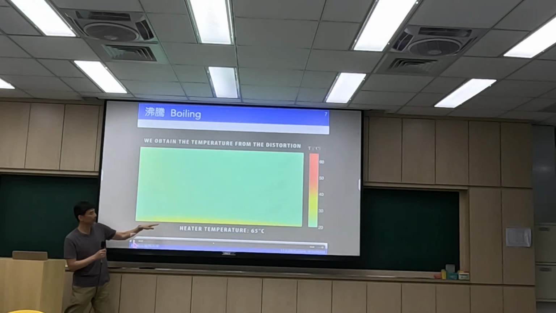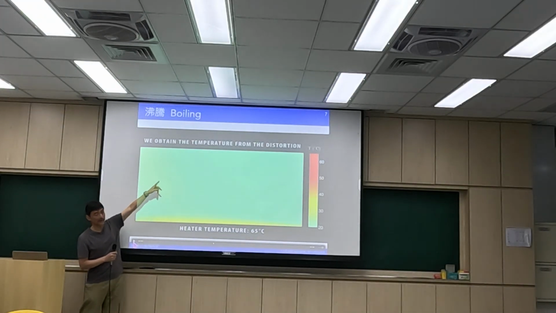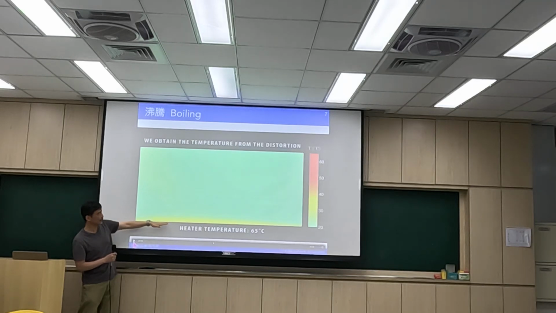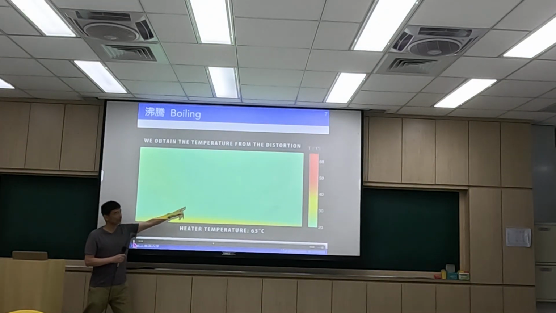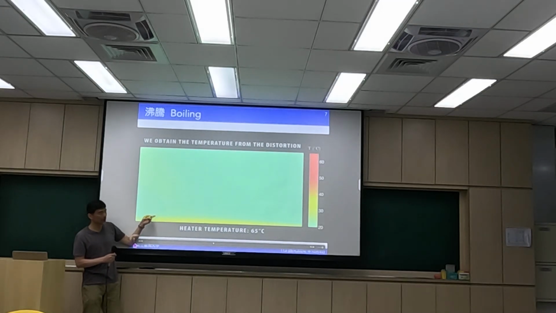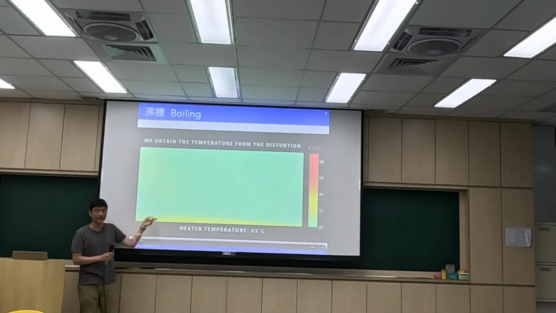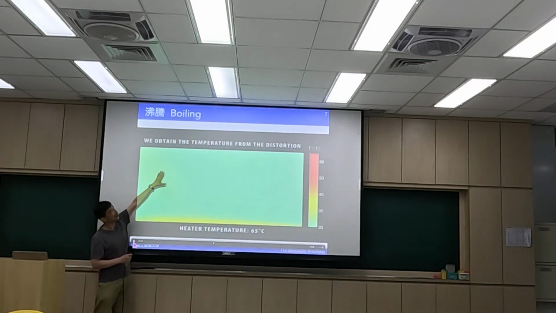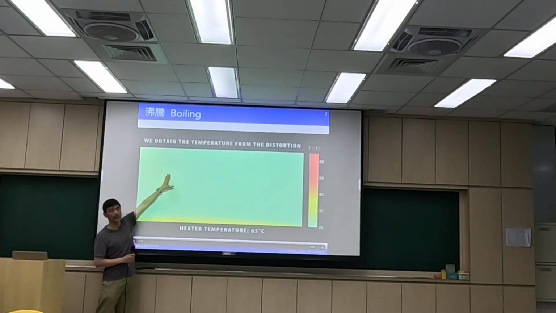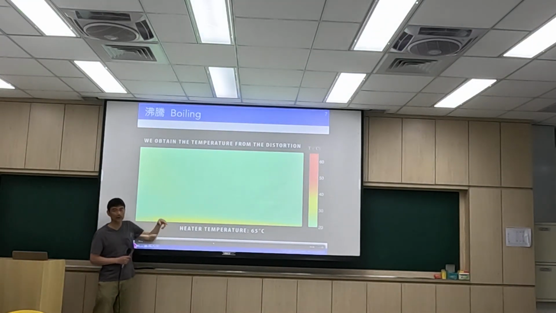So let's see. This is a heater, and this is your ethanol. As I mentioned, if you put heat from the heater, the density near the heater becomes less. So lighter fluid exists below the heavy fluid. Then you have natural convection.